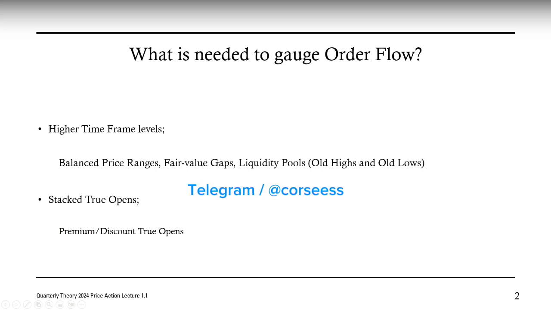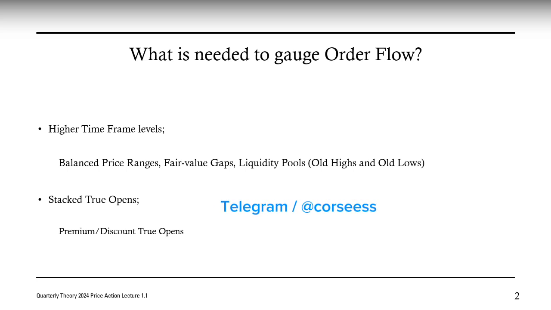What is needed to gauge order flow? In order to gauge order flow, you need higher time frame levels. More specifically, you need balanced price ranges, fair value gaps, and liquidity pools, right? Which is basically old highs or old lows, either of those.